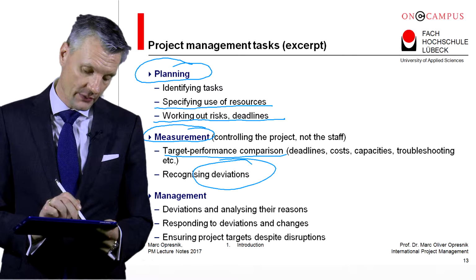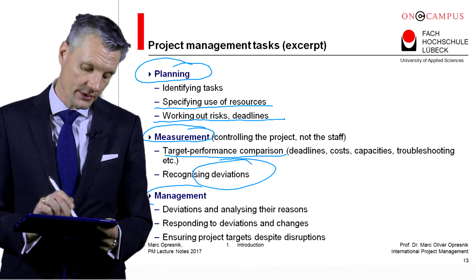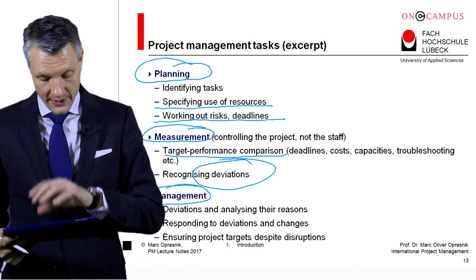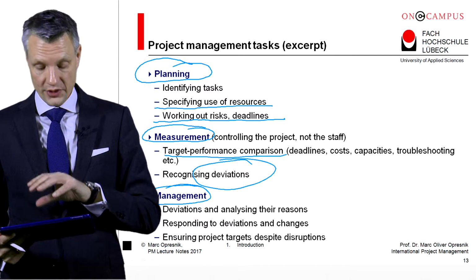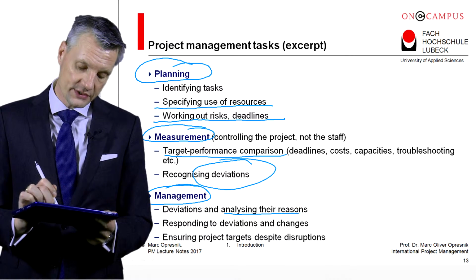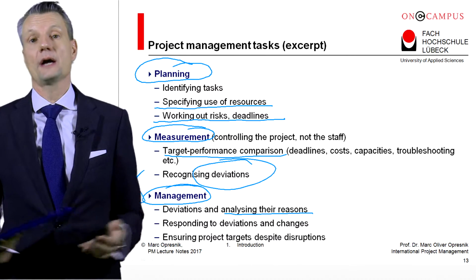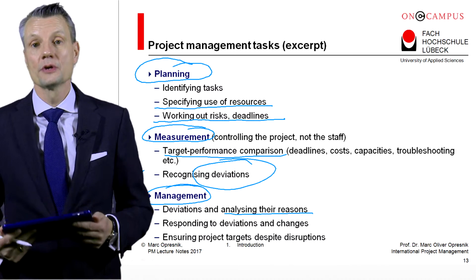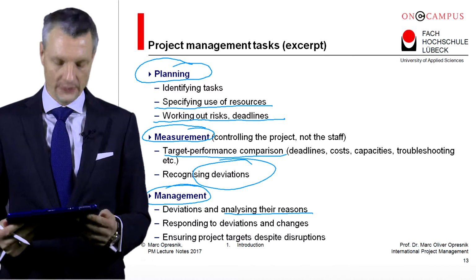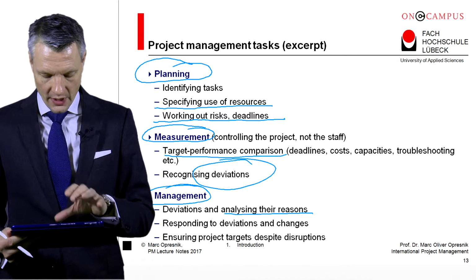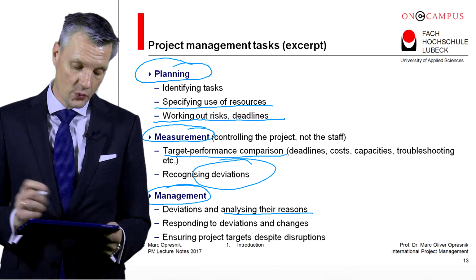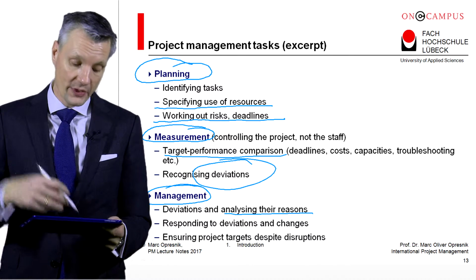And this is directly linked to the third big element of project management, the management itself. So what are the reasons for deviation? Why can't certain tasks be done on time? If you analyze the deviations in a sophisticated way, you can address them.